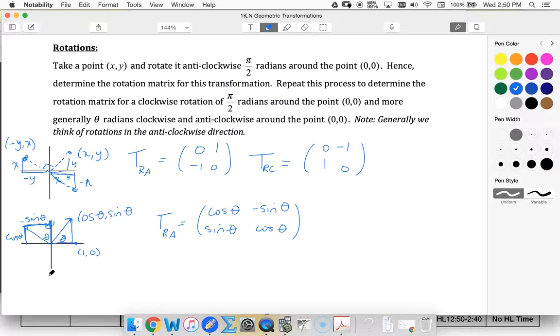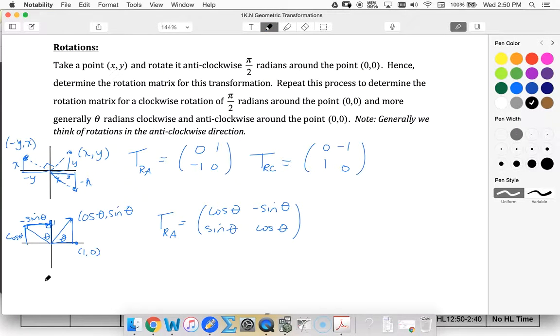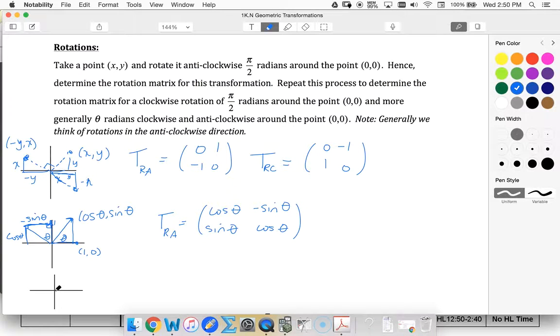If I repeat this for rotating in the clockwise direction, then I will have (0, 1). Now I'm going to rotate down here. Here's my theta. So I had (1, 0). Now this is my length of 1, so my (0, 1) would actually be somewhere around here. Rotate it down.